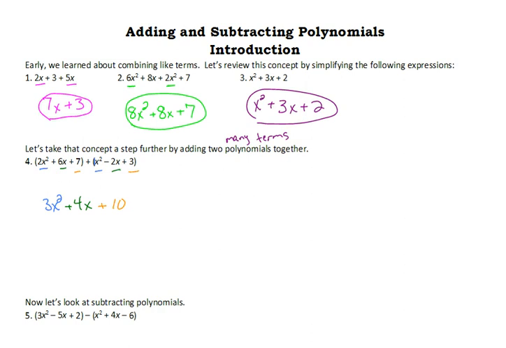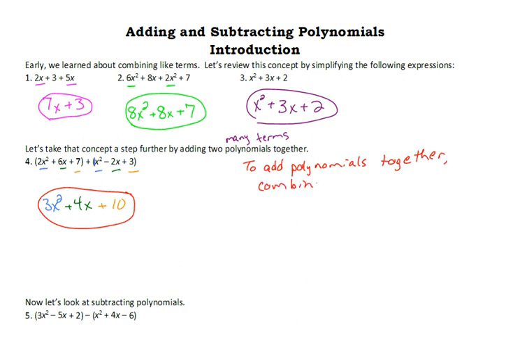So all I'm doing is combining like terms. So to add polynomials together, all we are doing is combining like terms. Pretty nice, straightforward.